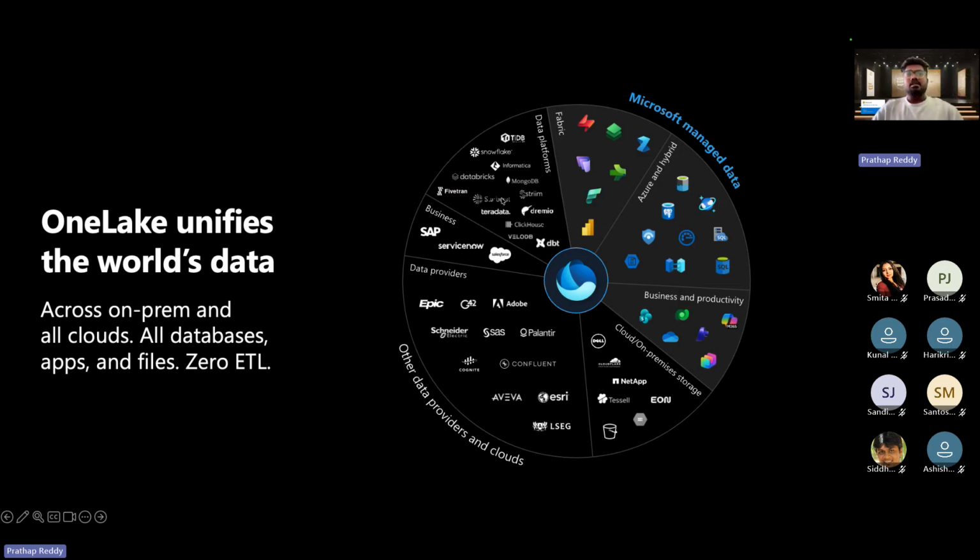These are the major things that you can utilize for the Microsoft managed data. So for all the databases, apps and files, we have zero ETL. We can use zero ETL, so that you don't need extract, transform, load operations anymore. You can directly use this and Fabric IQ for the business context aware requirements.